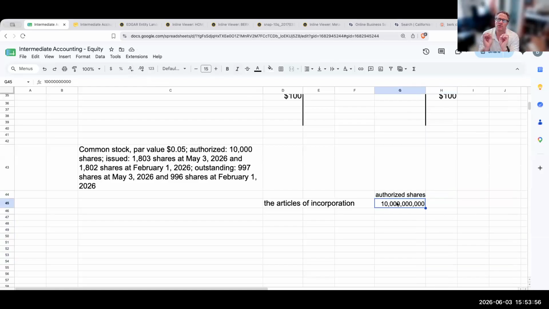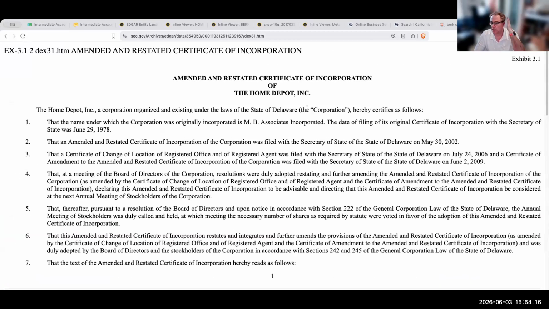When we're choosing an authorized amount, we want to make sure that we have enough of a gap so that we can issue more shares. We can always go back and amend our articles of incorporation. When we form a corporation, we file articles of incorporation, but later we can amend them.